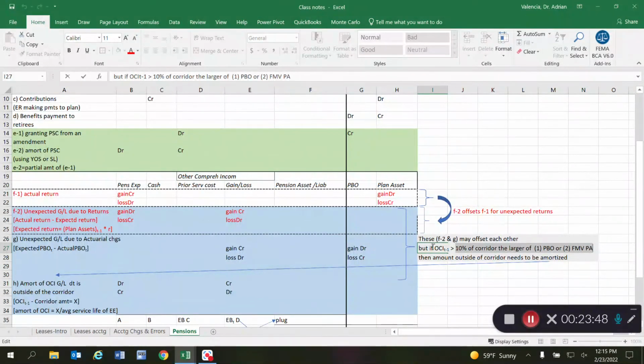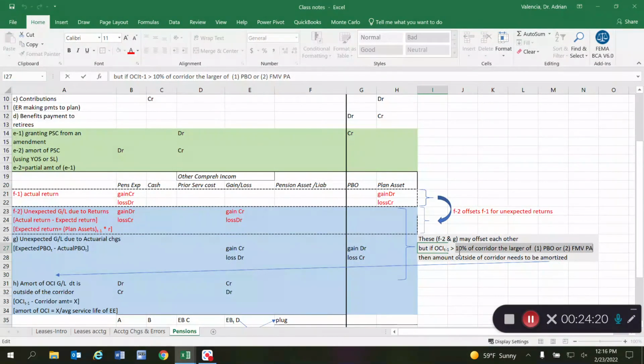If for some reason your OCI balance is bigger than the 10%, and that could be on the positive or on the negative, that's why it's called a corridor, then that's where you need to start amortizing that amount outside of the 10%. Let me throw some numbers out so it's easier. Let's say the OCI is $100, and I compute the corridor amount and it gives me $90.